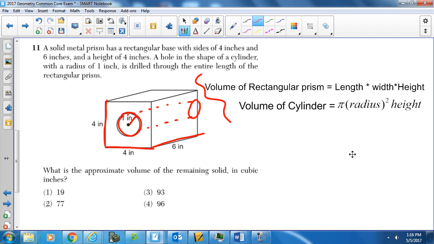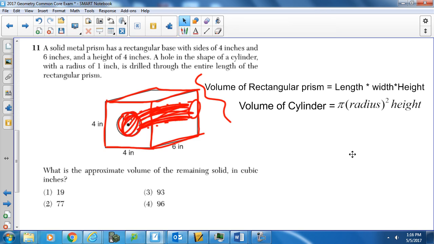So you have to imagine taking this entire rectangular prism, all right, and drilling a hole, and what would be left after you drilled this hole? So it would basically be all this that's around it.